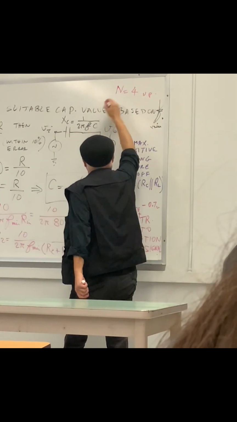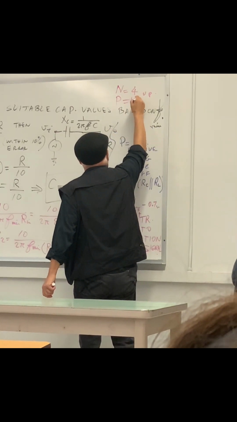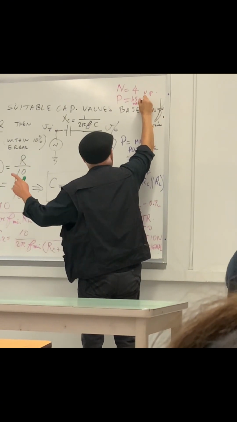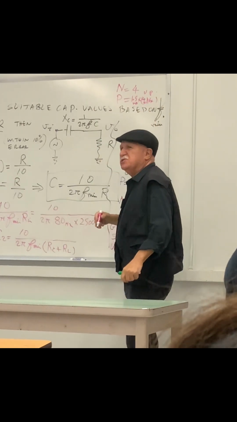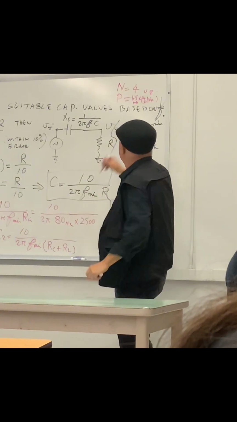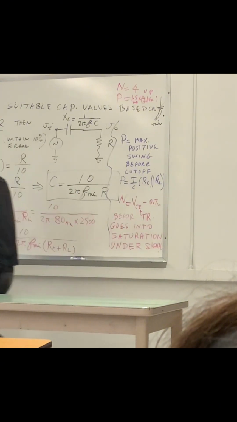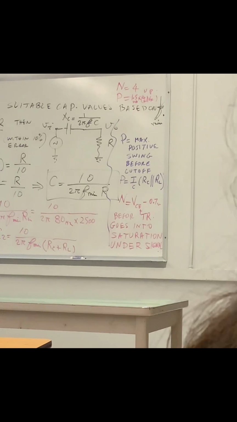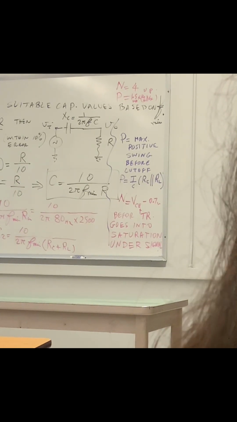What is P? P is equal to 1.5 milli multiplied by 4K parallel 6K. How much is that? 1 point. 4 and the 6 is 2.5 kilo ohm. 2.5 or 2.4?